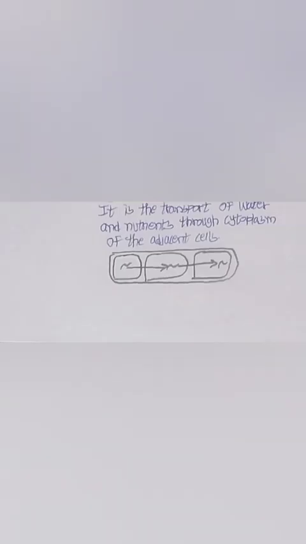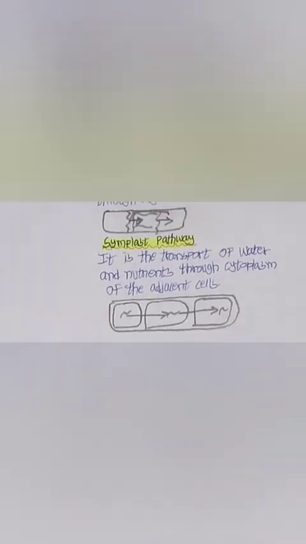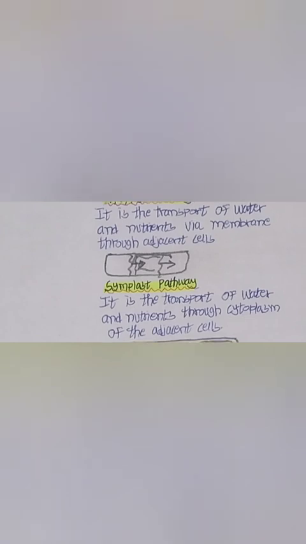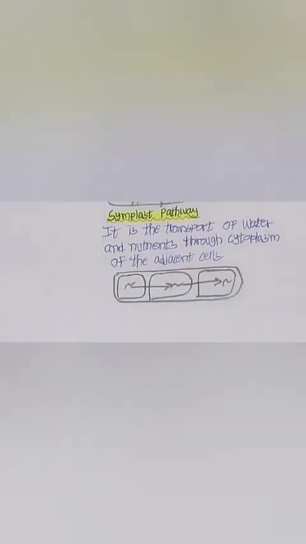So now the other is the symplast pathway. It is a transport of water and nutrients through the cytoplasm of adjacent cells. So it is the same type as the apoplast pathway but it's somewhat different.